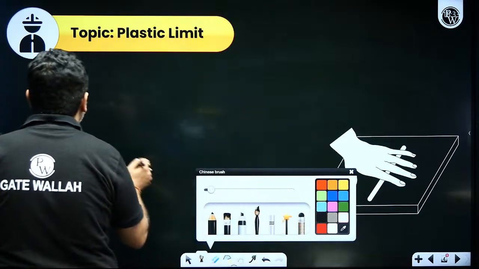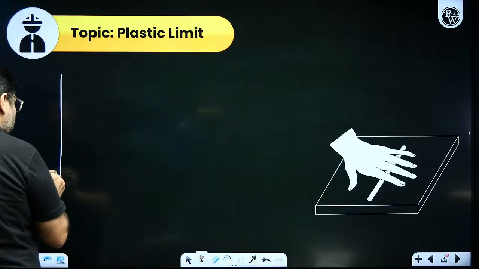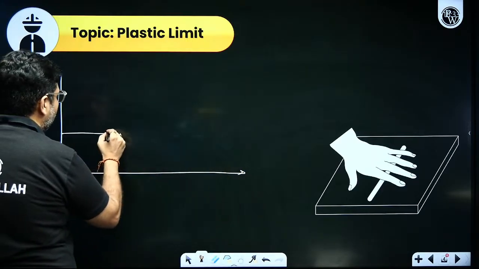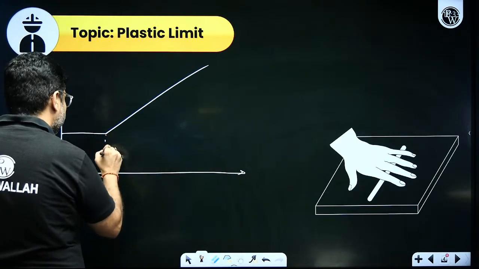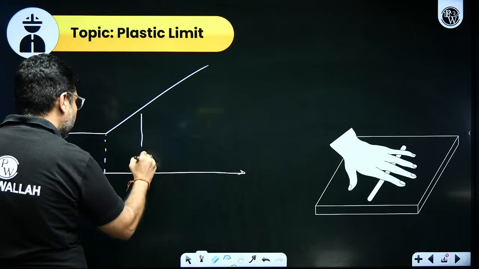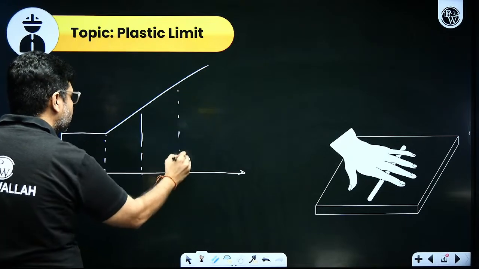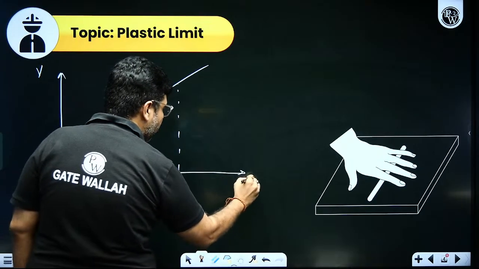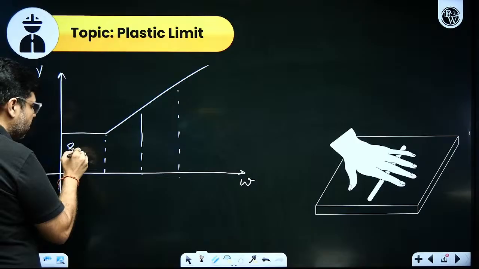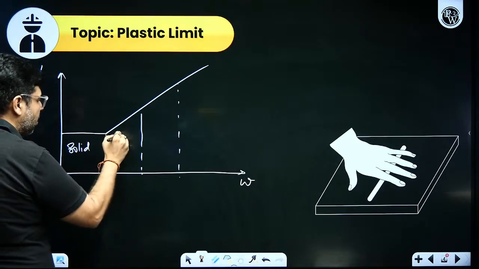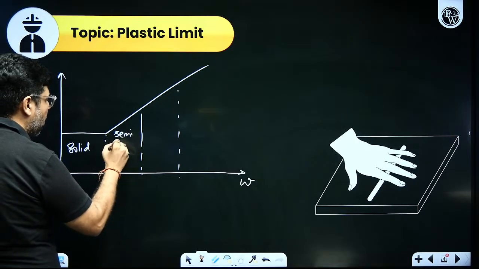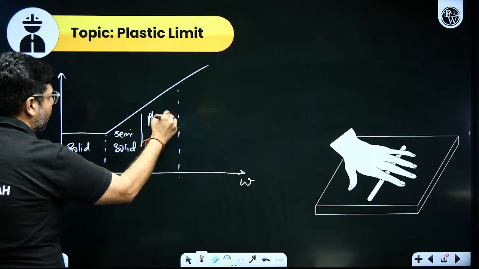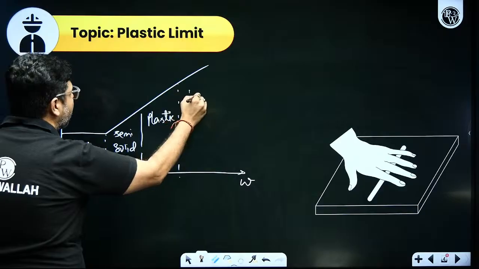You remember in the last class we saw this graph between volume and the water content. This is the solid state, semi-solid, plastic, and finally we have the liquid condition.